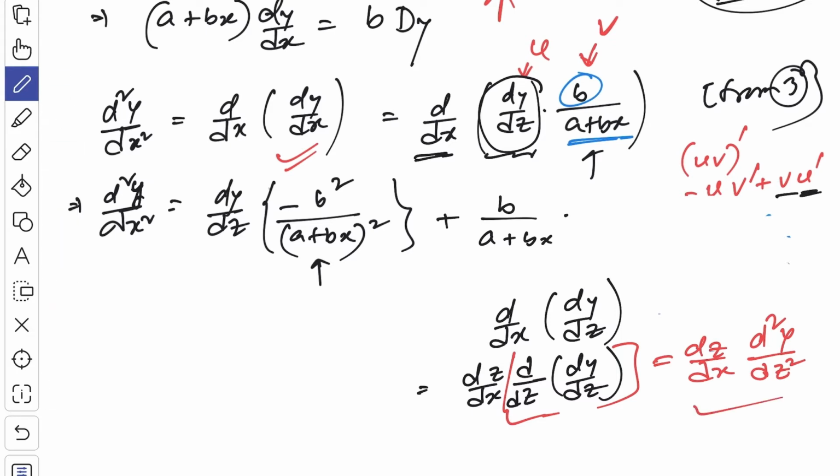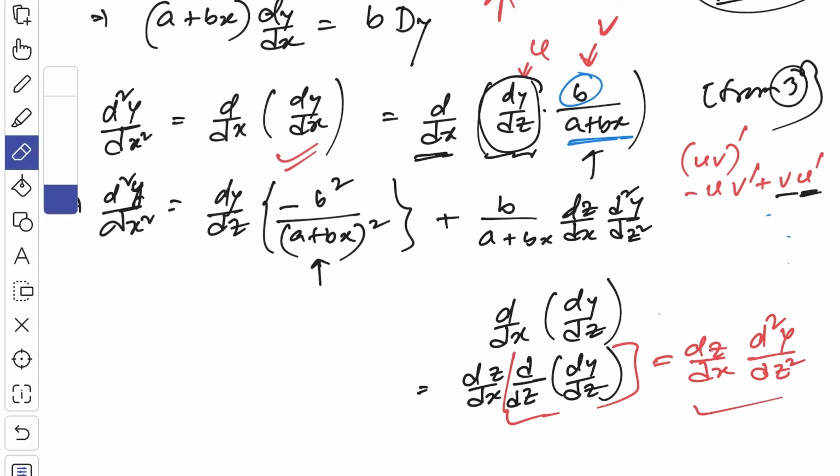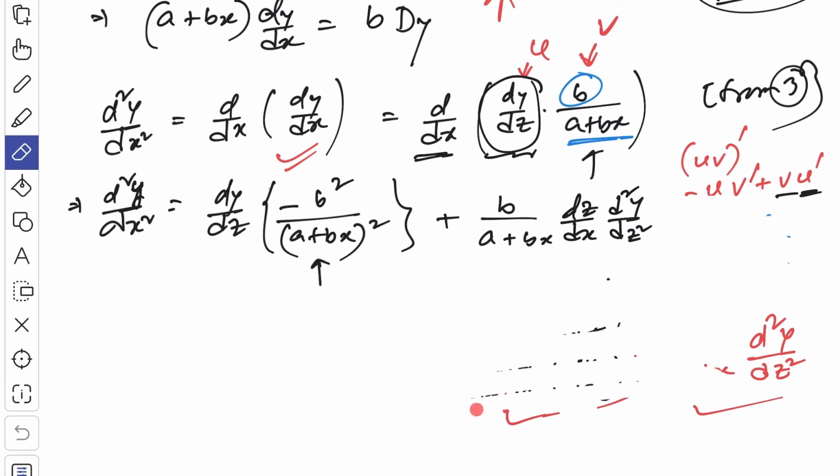So we have got dz by dx, then the second order derivative of y with respect to z, that's what we will get. I hope you have understood this. Now let me clean this.